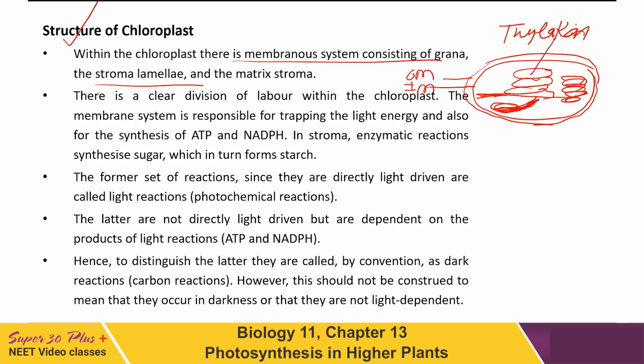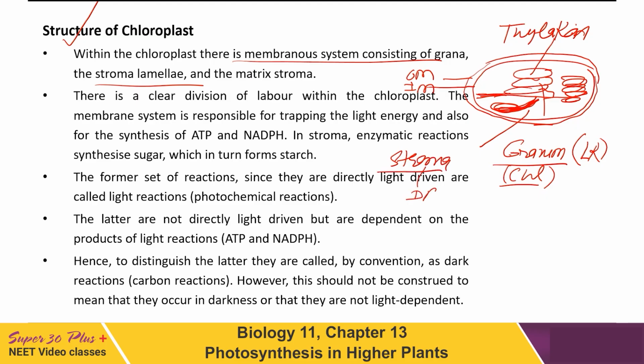This part is called granum, and granum is the site of light reaction. That's why granum has chlorophyll, which will trap the light energy. The remaining part is called stroma, or matrix, and the matrix is the site of dark reaction.